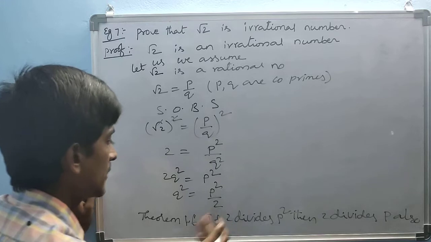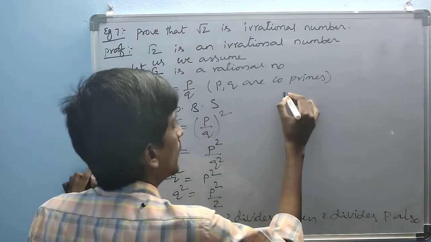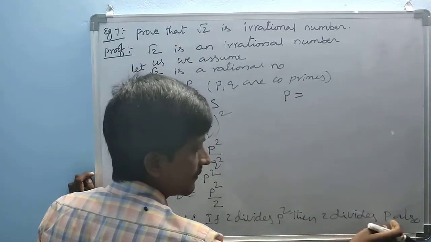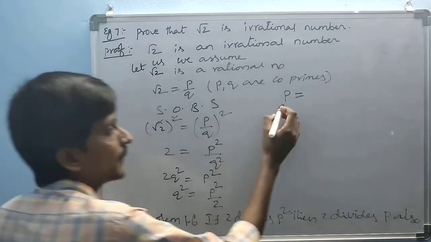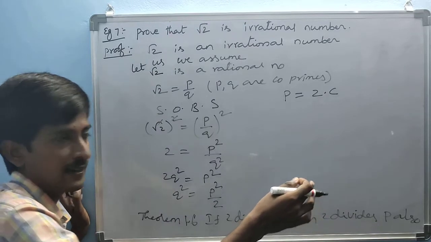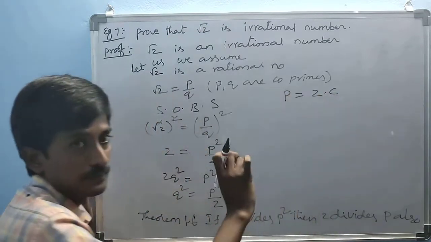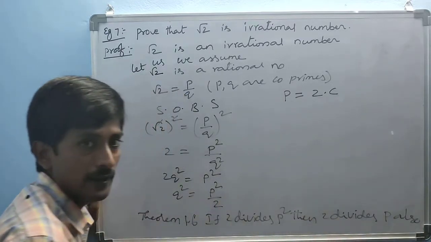Now, p is divisible by 2 means p equals 2 into something, any number you take. It is divisible by 2. That is the p value, because 2 divides p.